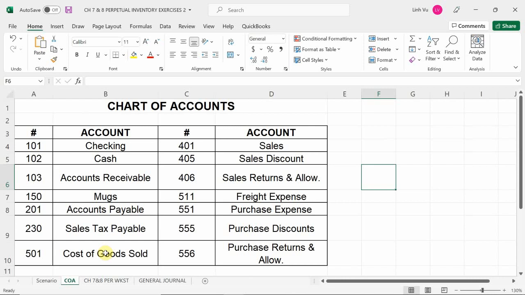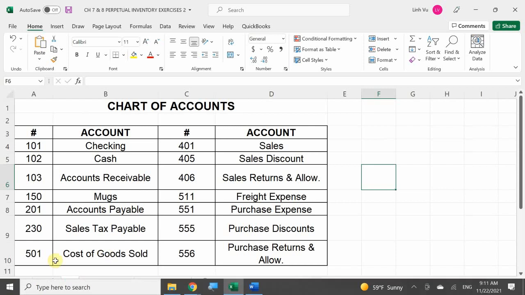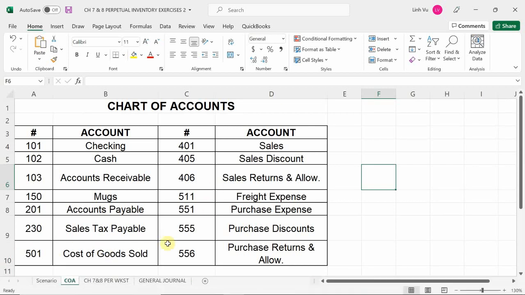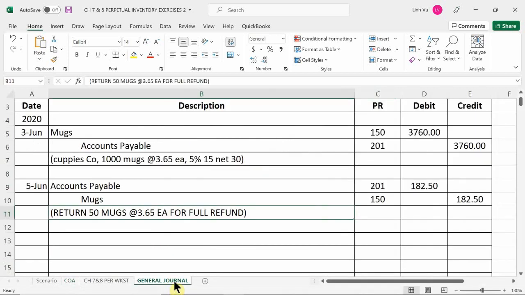So you would use debit cash, and then credit sales, and then sales tax payable, and then cost of goods sold, and then mugs. Correct. Good.